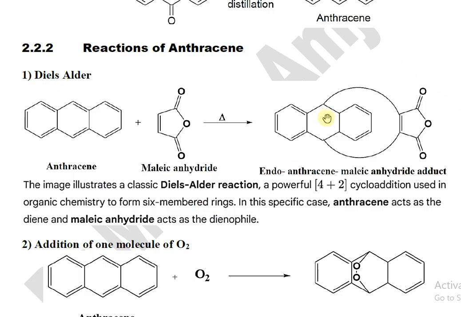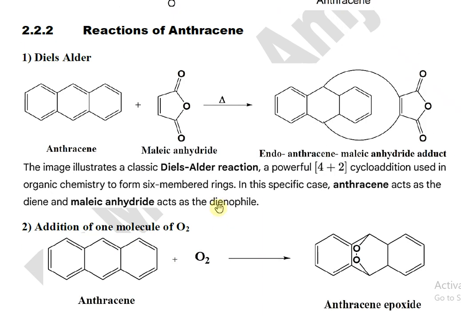Where is the six-membered ring? 1, 2, 3, 4, 5, 6, giving you a new ring here. So the anthracene acts as the diene, and the maleic anhydride acts as the dienophile.